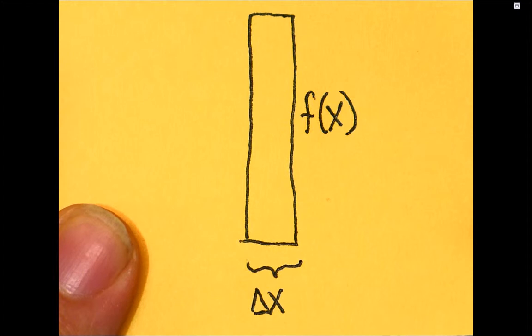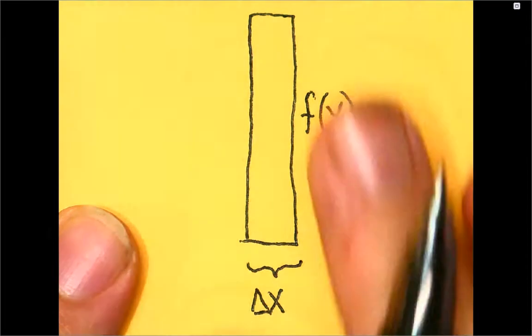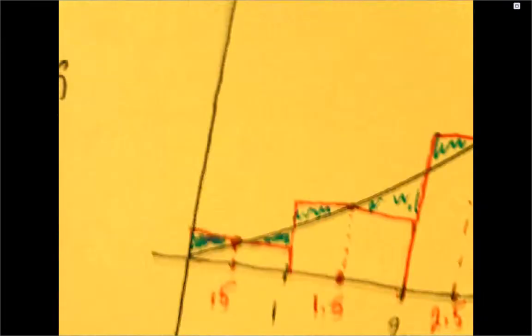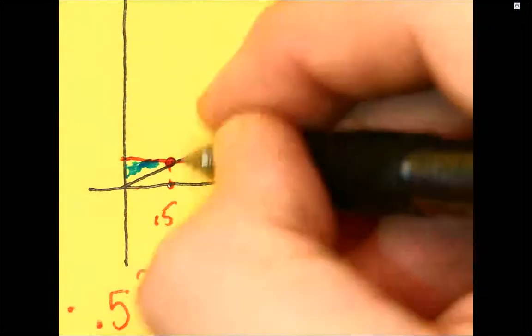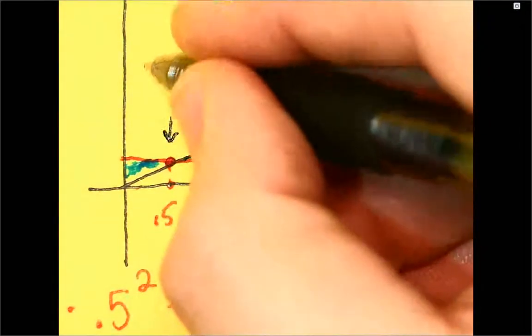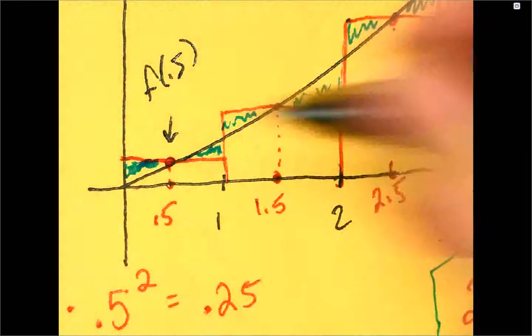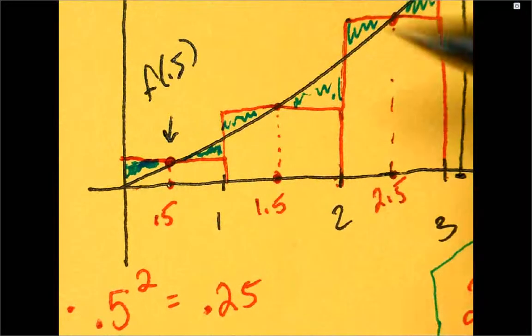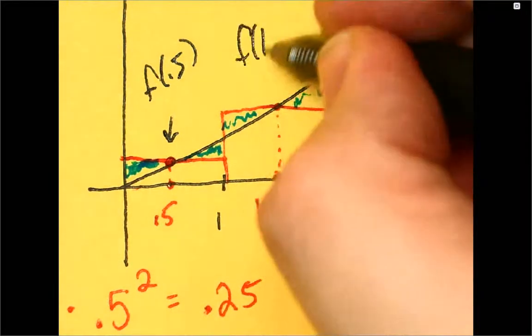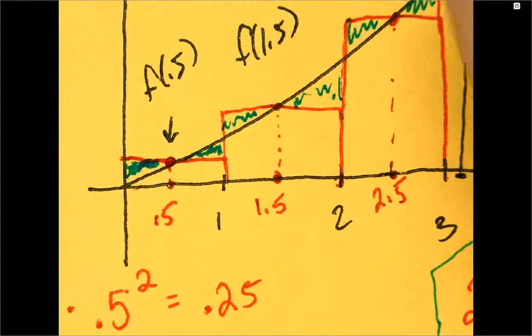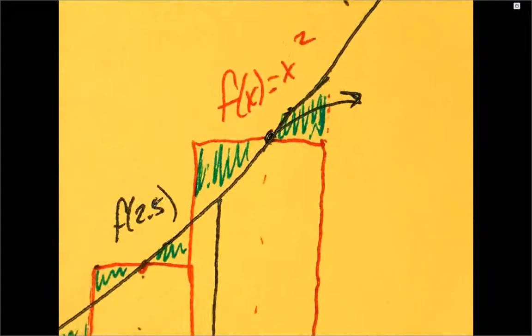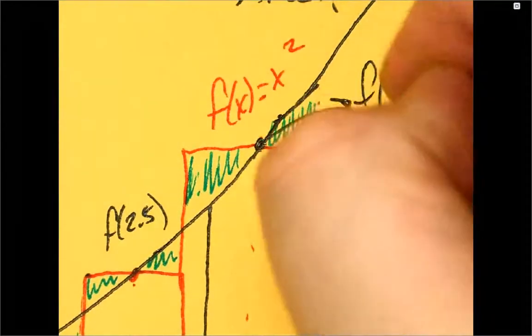I used f of 0.5 for the height of that rectangle, f of 1.5, f of 2.5, and that last one was f of 3.5. To figure out the heights of these rectangles, we're going to have to use this.